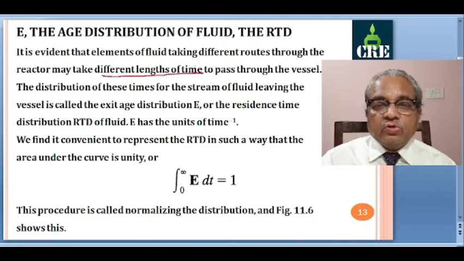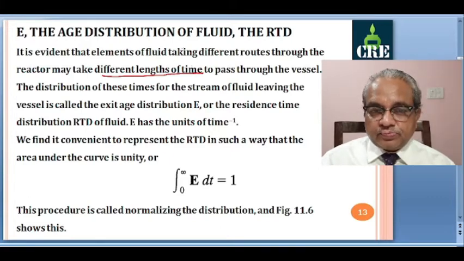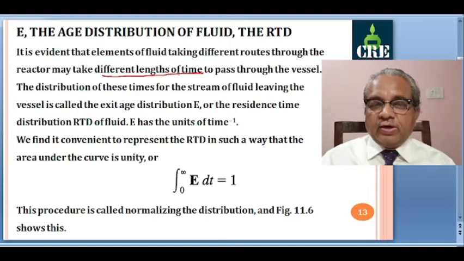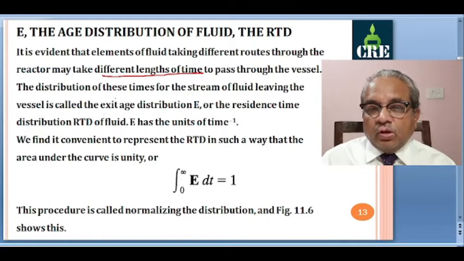Okay, so the individual elements of the fluid, you can divide that into percentage distributions, will spend different times to pass through the vessel. The distribution of these times for the stream of fluid leaving the vessel is called exit age distribution or the residence time distribution.